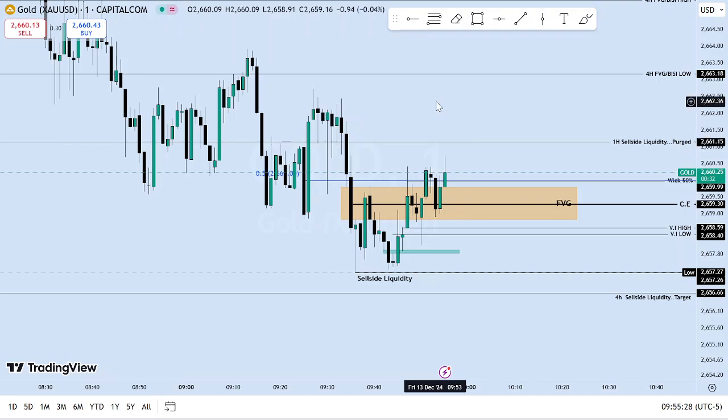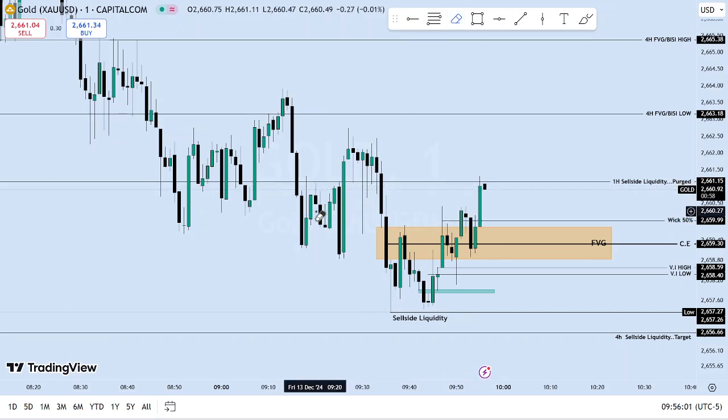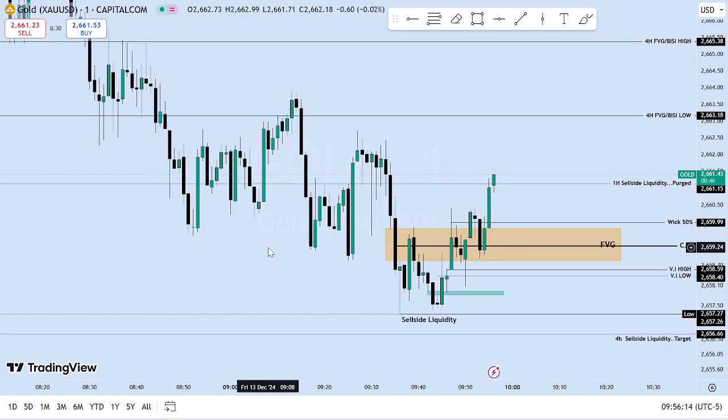Last word of buy side. The last word. There's a liquidity here resting above.